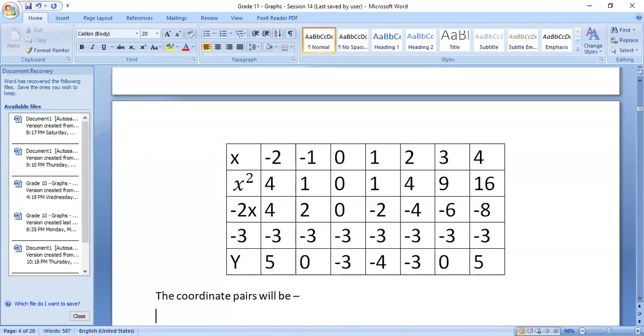So the coordinates, first one will be -2 and 5, because we have to take the x coordinate and the y coordinate. And the last point will be 4, 5.